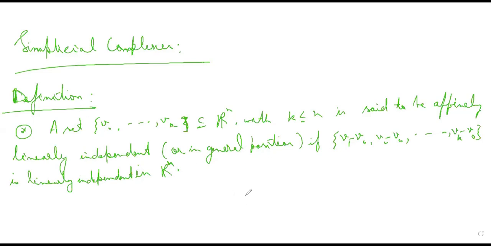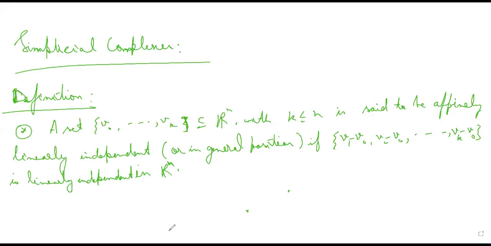So for example, if you are in R2, suppose this V0, V1, V2, and so on, Vk, they are actually vectors. We can treat them as vectors. Also, we can treat them as points.